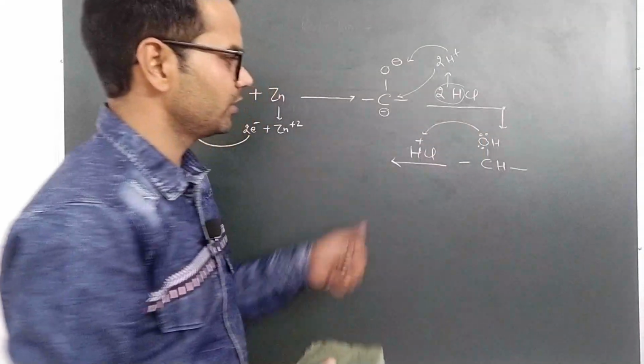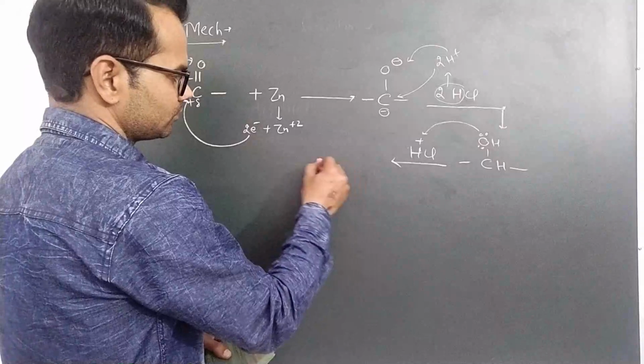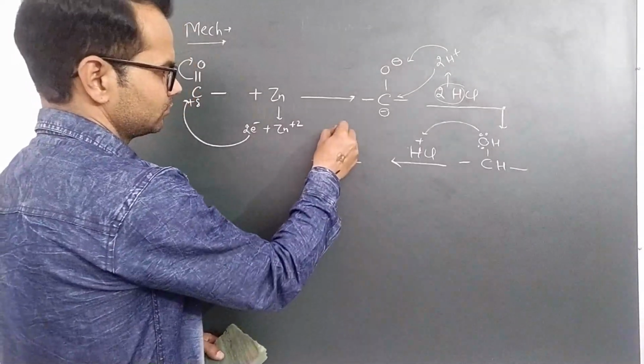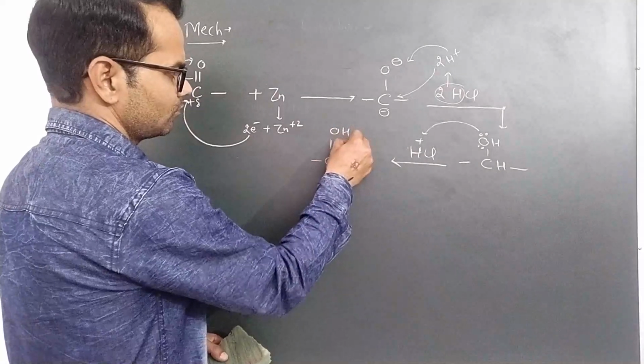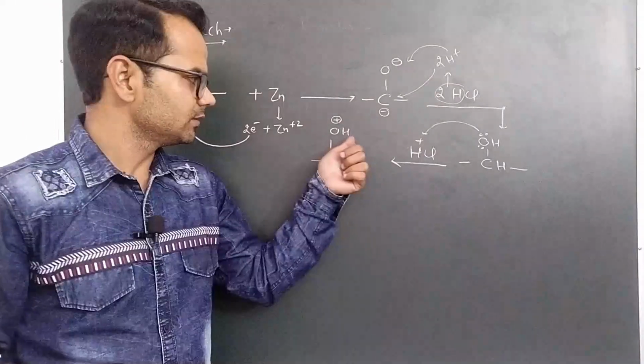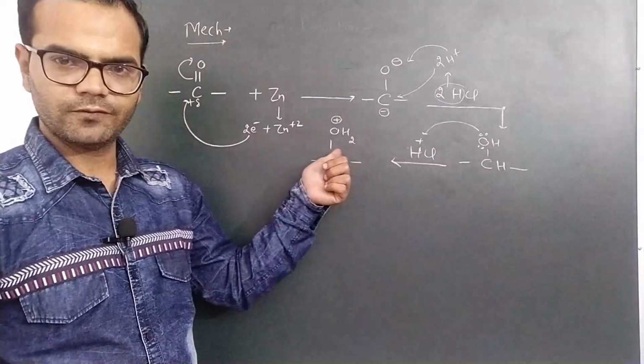Oxygen will give its lone pair to this hydrogen. As a result, this structure will form. Now we can say there is a formation of water.